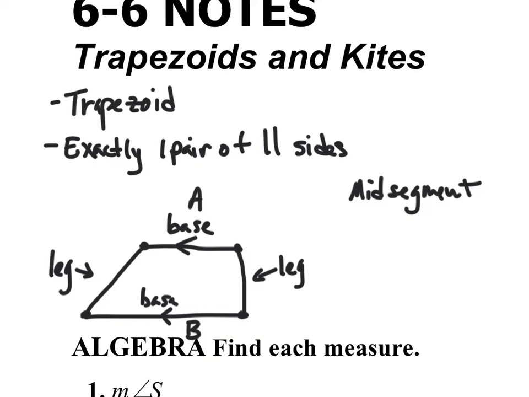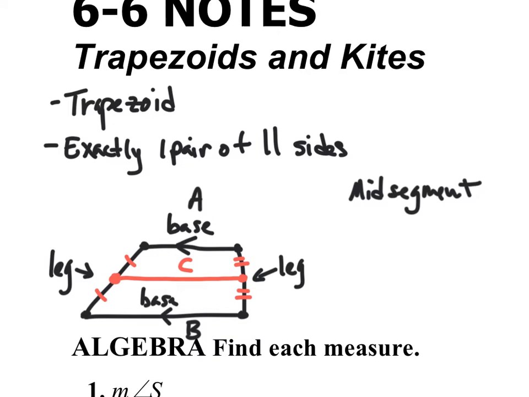This has length A and this has length B, okay? If I were to draw a mid-segment, then I'm going to connect the midpoints of the legs, and I'm going to call that the mid-segment C. And I know it's a mid-segment if both of these two segments are congruent.